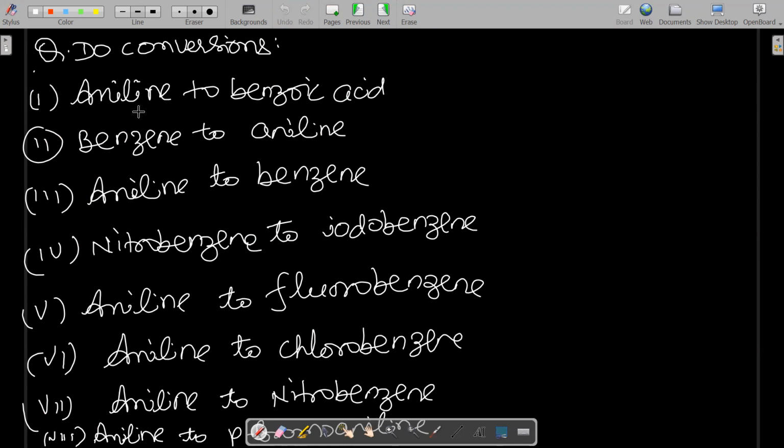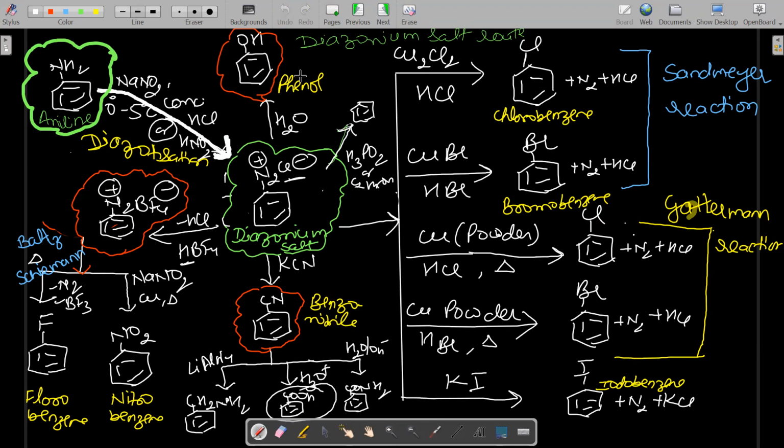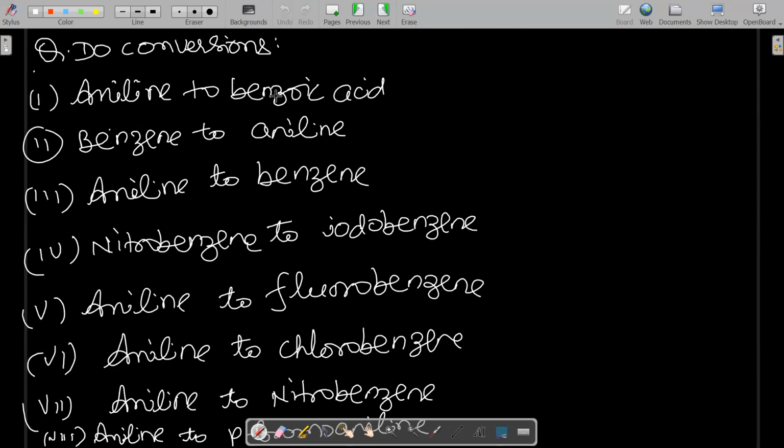Do the conversion, aniline to benzoic acid. So using this chart, just one sample I'm giving. Any conversion that comes, you have to first convert into diazonium salt and then accordingly write the reagent.